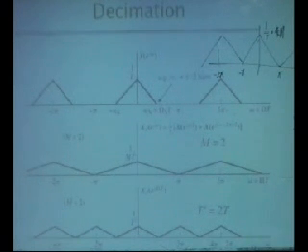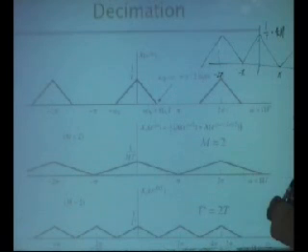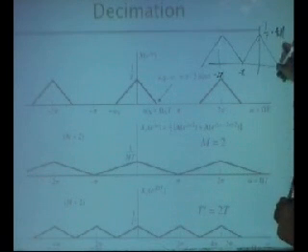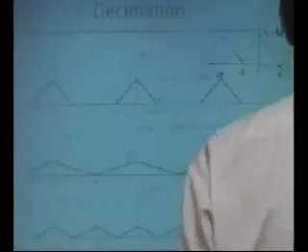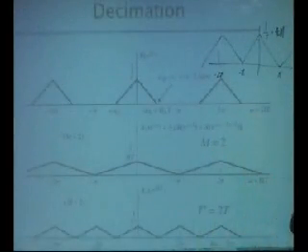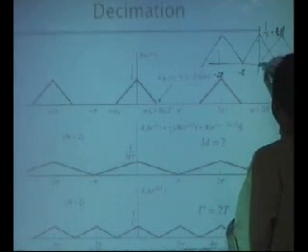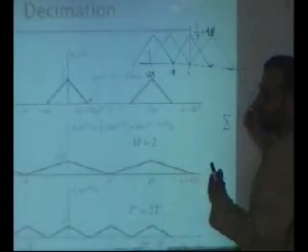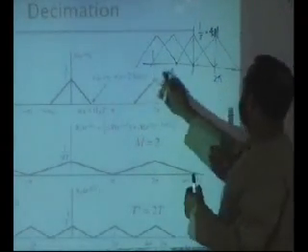Downsample by 4 means that you are sampling at 2 megahertz. And remember, if you sample this at 2 megahertz, you are going to corrupt everything. So what will you get if you sample it at 2 megahertz? You get this, right? And this copy is at 2 pi.